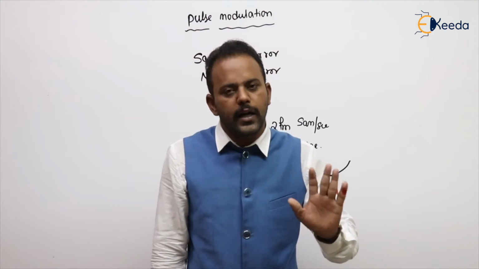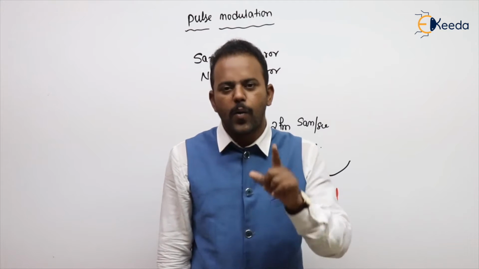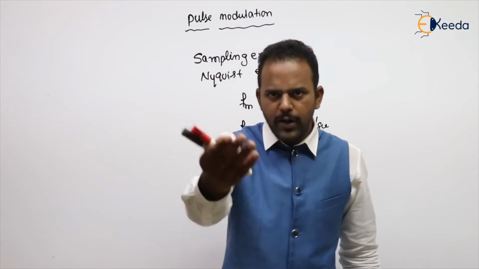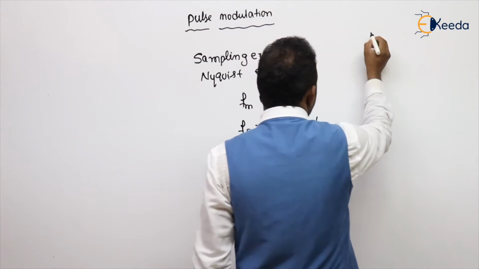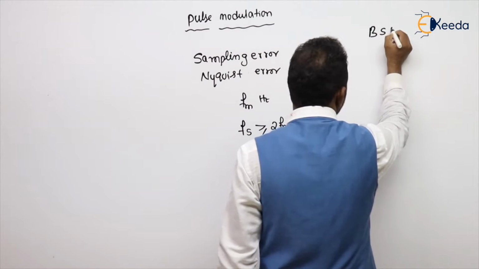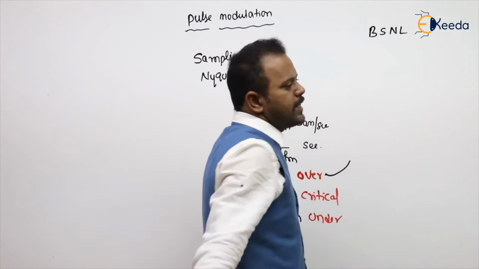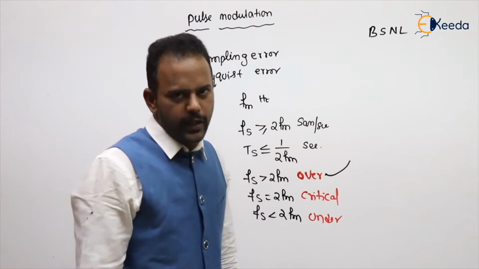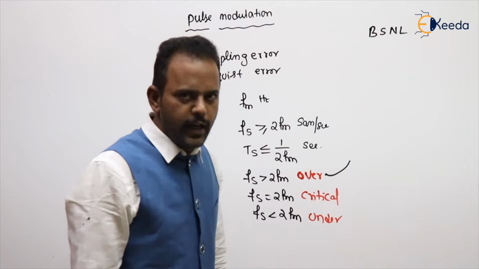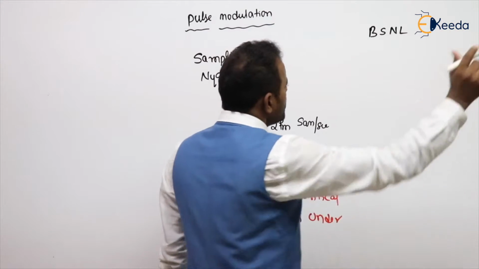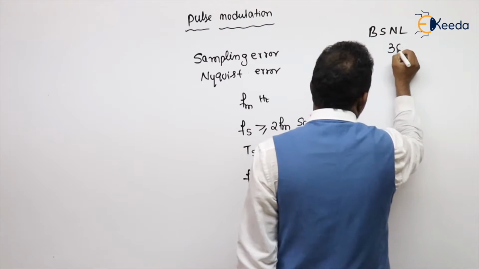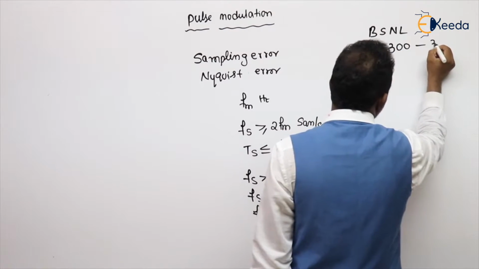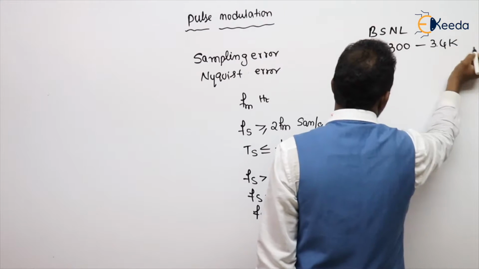So practically, the preferred one is oversampling. I will tell you another example also. For example, take BSNL, previously called DOT, Department of Telecommunication. What we are sending here is voice signals. Voice means 300 Hz to 3.4 kHz.